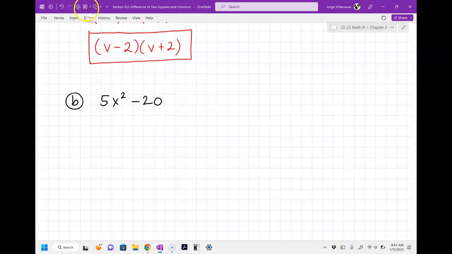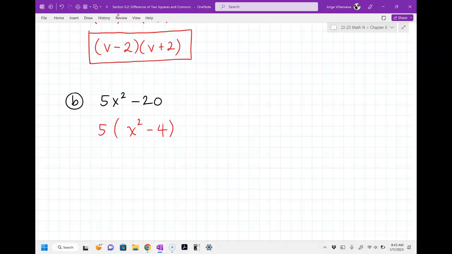Now the first thing you should do is take a really good look at it and say, there is something they have in common, right? What does 5x squared minus 20 have in common? What number? A 5, right? So we're going to take out a 5. And then I'm going to write x squared minus 4.